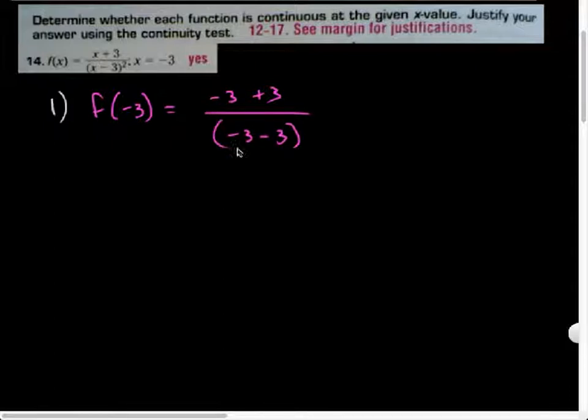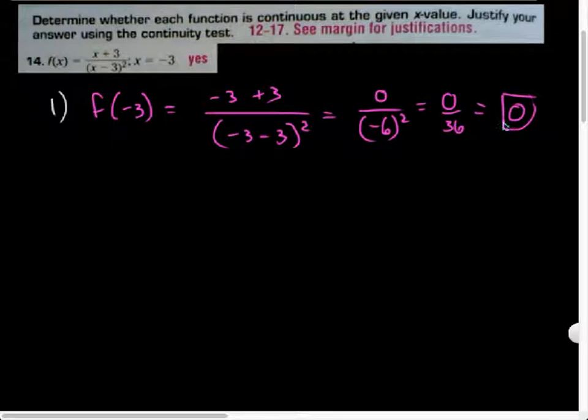Is this going to exist? I actually don't see any problems with this. The numerator is 0. The denominator would be negative 6 all squared. So 0/36, which is equal to 0. Right. So it does exist. So it passes part 1 of the continuity test.